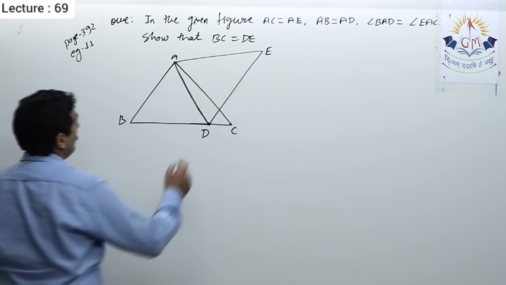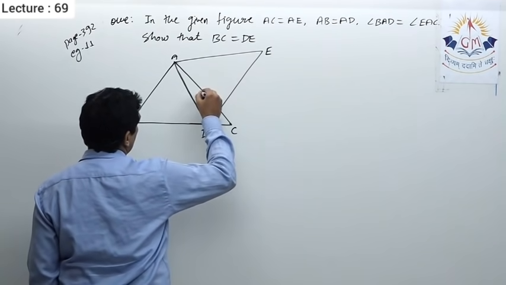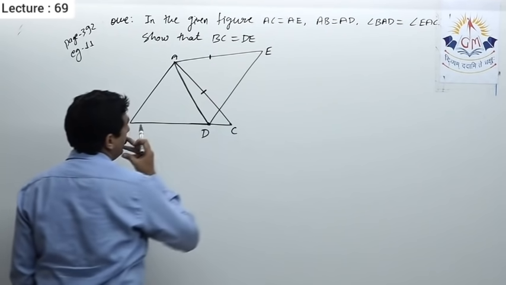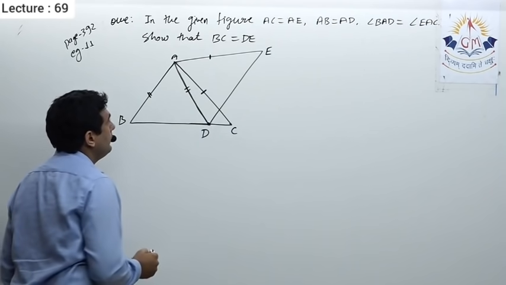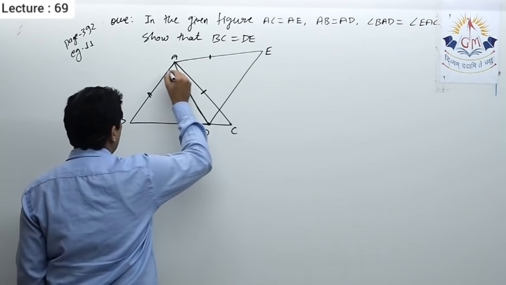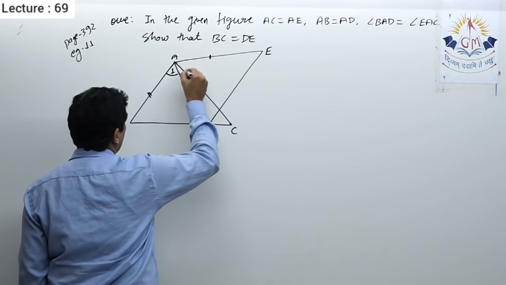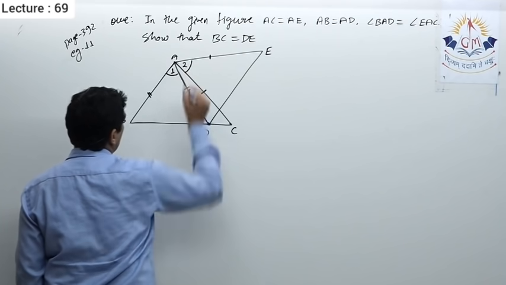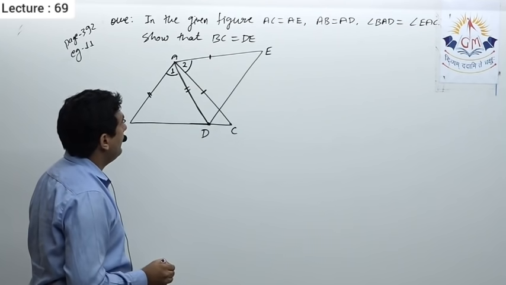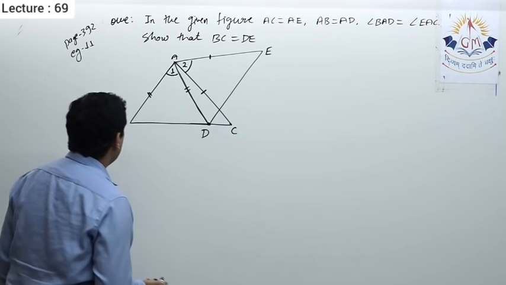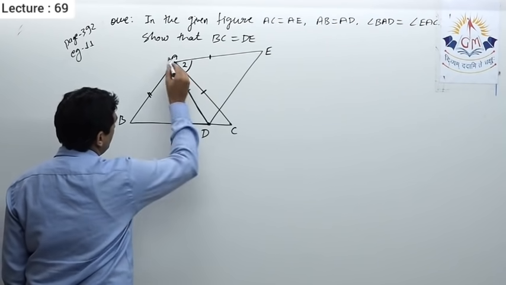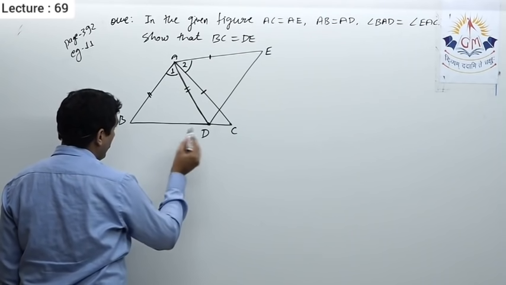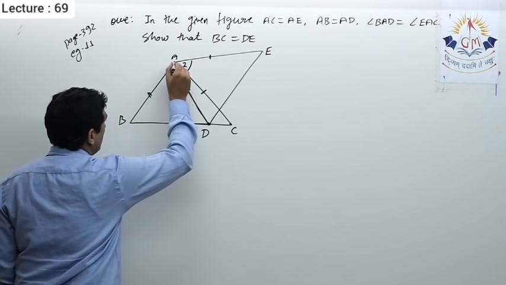Here it is given AC equal to AE, AB is equal to AD. Also it is given angle BAD, this is angle 1, and this is angle 2, CAE or EAC. So it's very easy. If I take triangle ABC, I'm drawing it separately just for your better understanding.